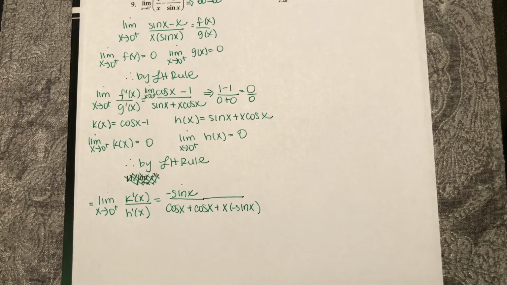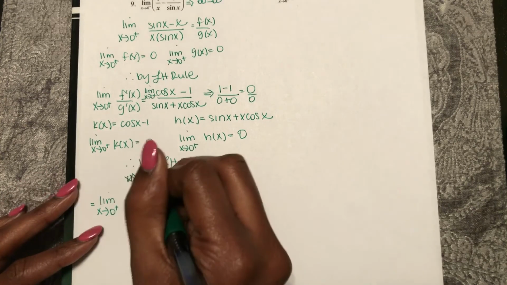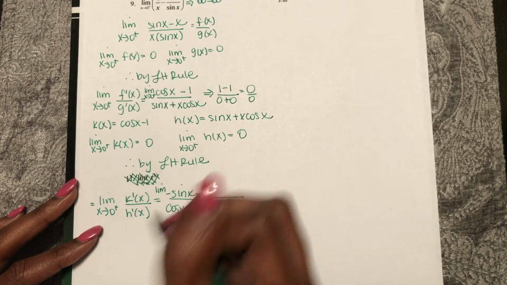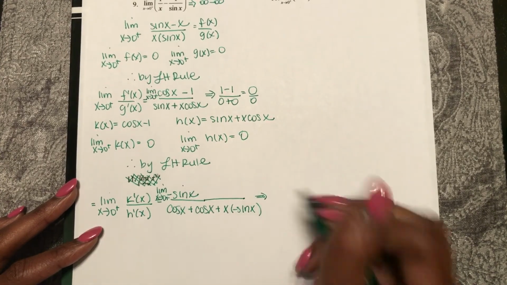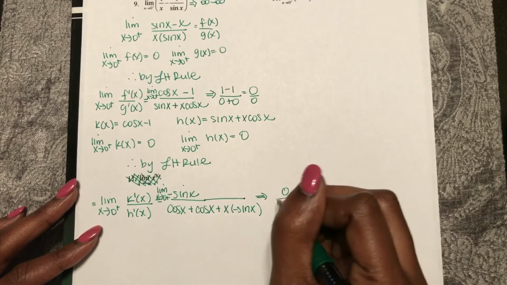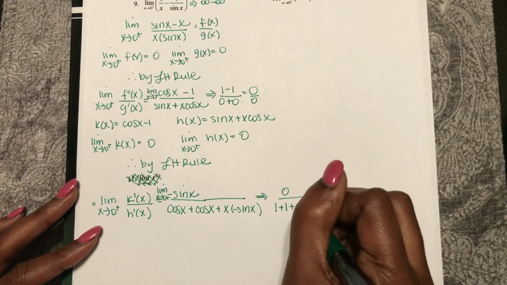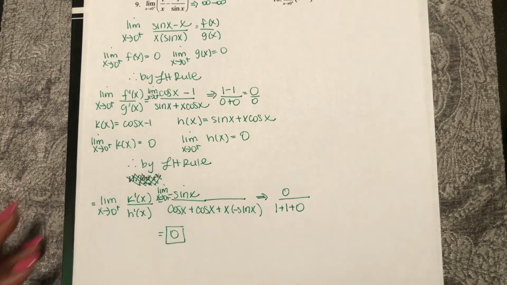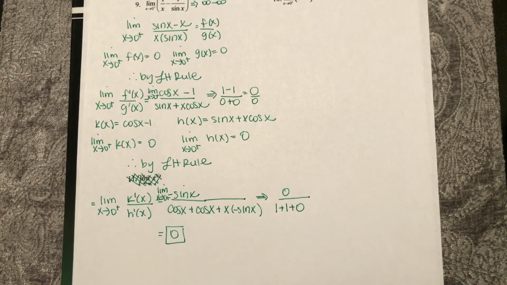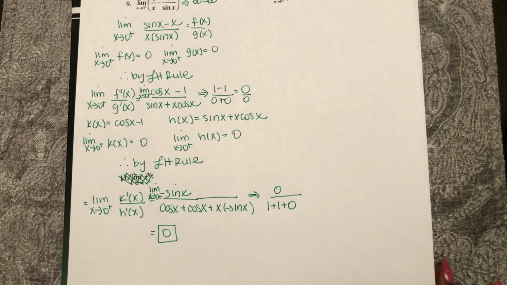So now what happens as, oops, I should have said the limit as x approaches 0 from the right of this approaches 0 over 1 plus 1 plus 0, which is 0. So sometimes we have to do L'Hopital's rule more than once in a problem. Excuse me. So let's practice one more in this last video.